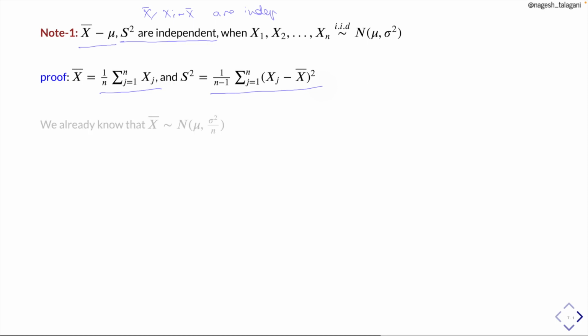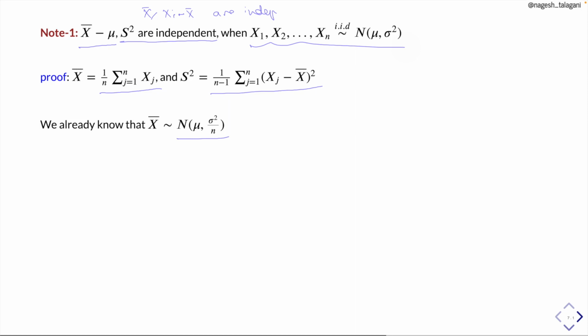We also know that this x bar follows the normal distribution with a mean parameter mu and variance parameter sigma square by n, as this x1, x2, xn are IID normal random variables with a mean mu and variance sigma square. Now x bar is normal, xi's are normal, so we can say xi minus x bar will be again normal, because a linear combination of normal random variables is again a normal random variable.